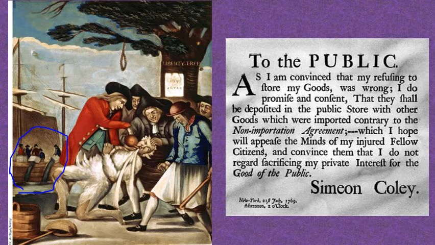And so here poor Simeon Coley in 1769 is being forced to admit publicly that he violated the boycott of British goods, and that he sacrificed the public good for his own life, and he's so sorry that he did that.